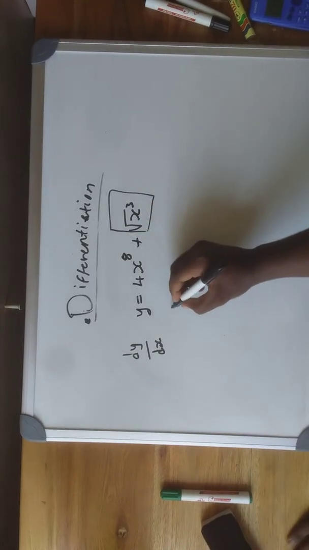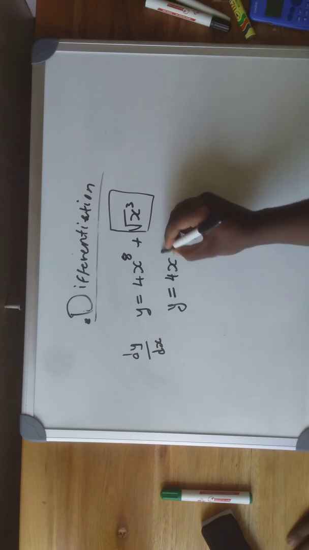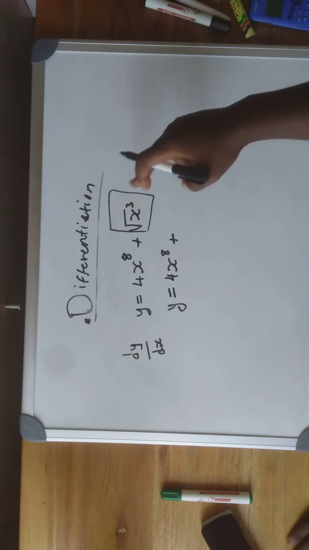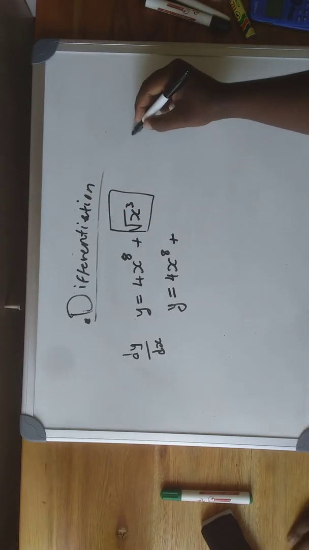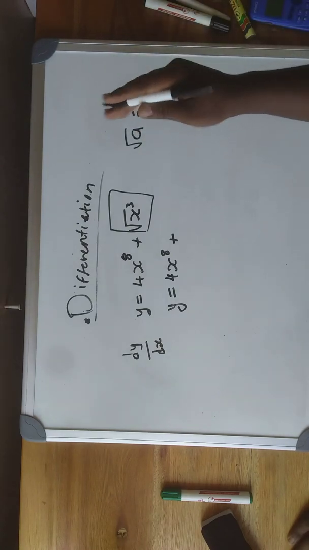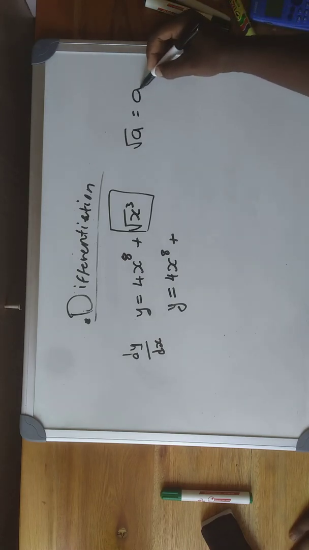So we're just going to say y being equal to 4x to the exponent 8 plus, now we're trying to break this down, because we know that if we have the square root of a, we are more than happy to say it's a to the exponent 1 over 2.